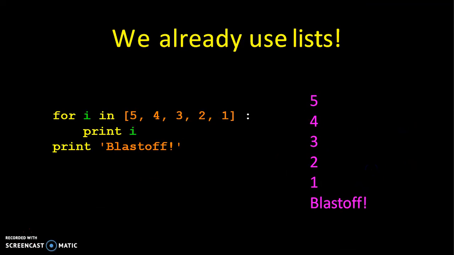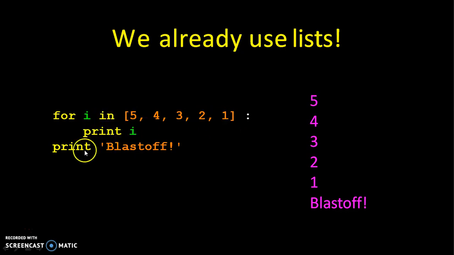We have already used lists in previous modules where we used conditional statements and looping statements. For example, for i in 5, 4, 3, 2, 1. As you see here, the 5 4 3 2 1 within the square brackets is nothing but a list. We just display print i.